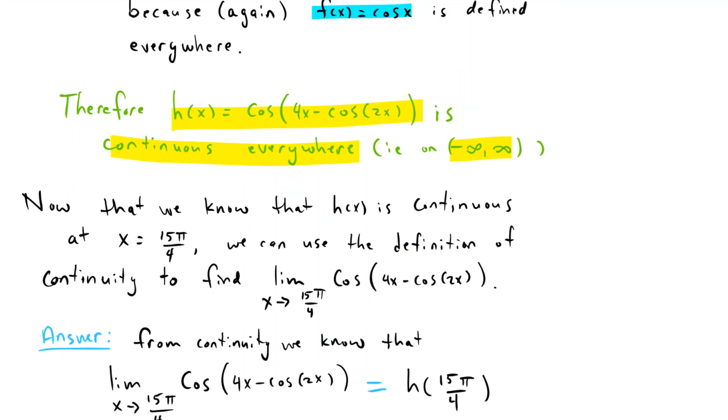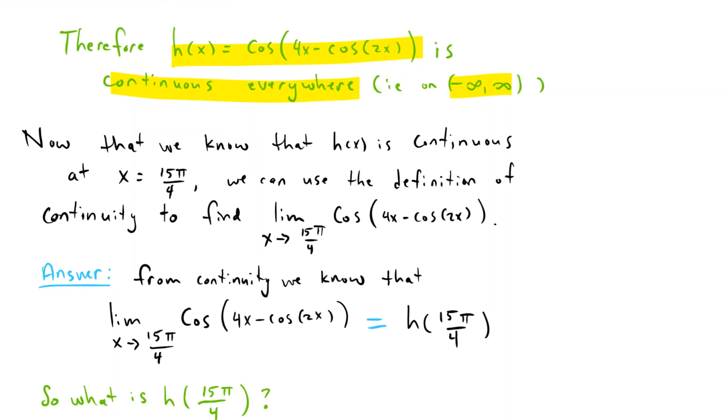Now we need to know what the limit is as x approaches 15 pi over 4. So this is our next question. What's the limit of cosine of 4x minus cosine 2x as x approaches 15 pi over 4? So let's use continuity to help us with this.